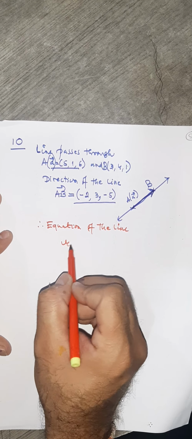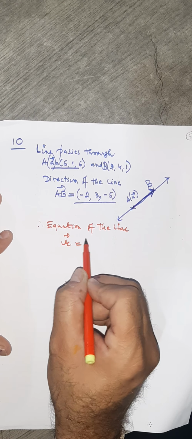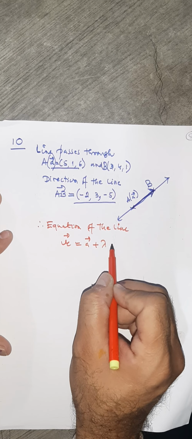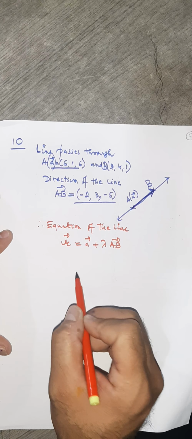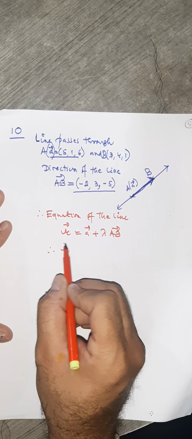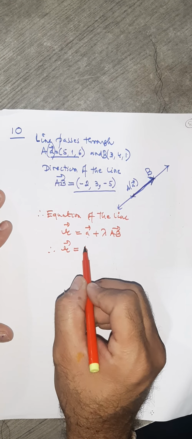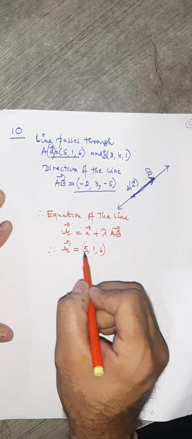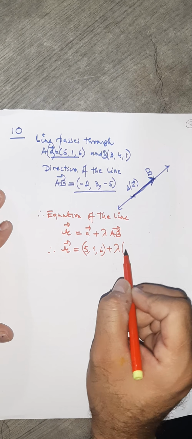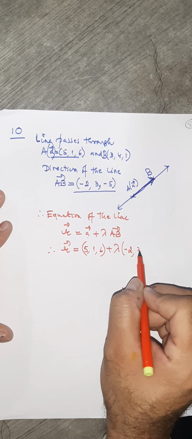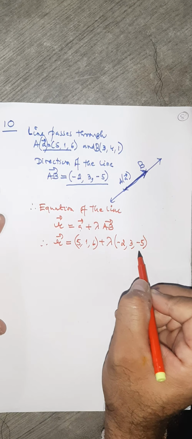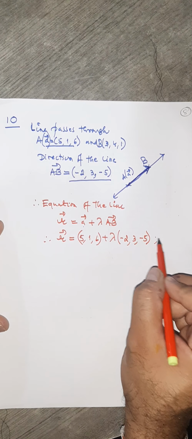I'll write it in vector form: vector r equals vector A plus scalar times the direction of the line, which is vector AB. So vector r is equal to 5, 1, 6 plus scalar lambda times minus 2, 3, minus 5, where lambda is a scalar, as we know very well.